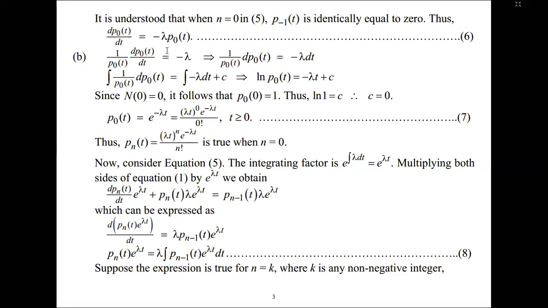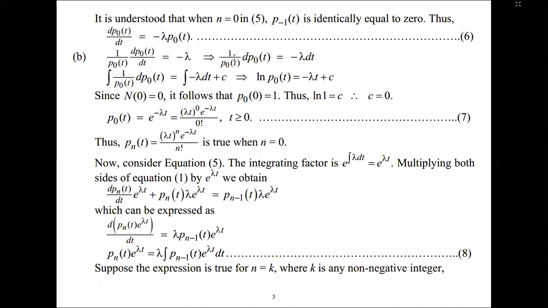So we have this equation, and we are going to solve this differential equation. For equation 6, we can write it in this form: we'll divide through by P of naught to get this form.